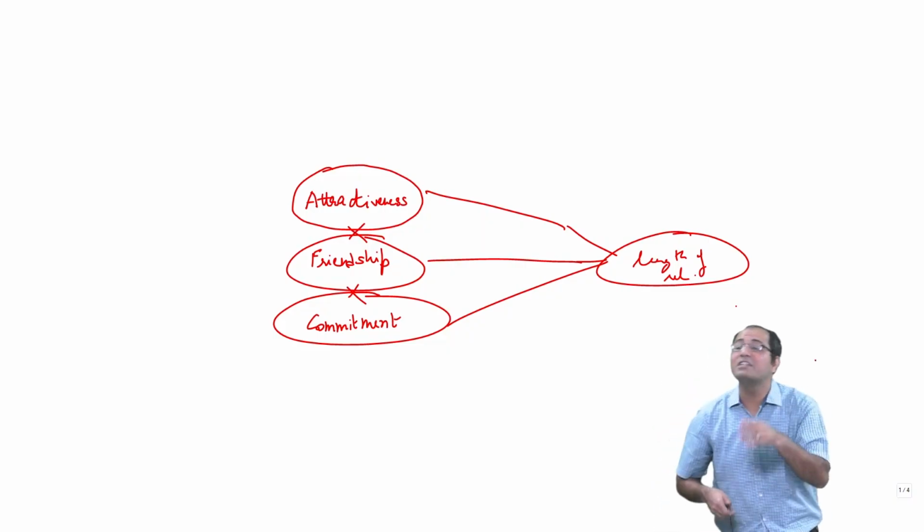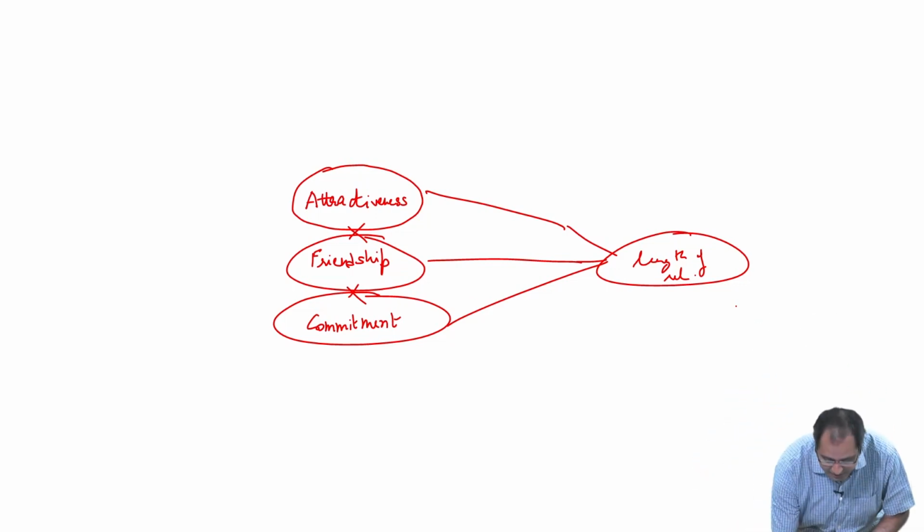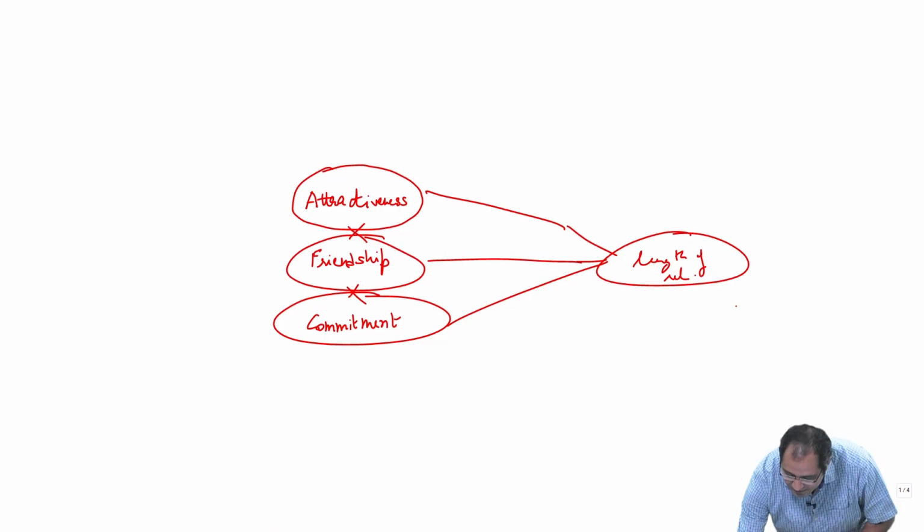Now, how does this theory change in Indian context? So this is a Western theory, right? Now, when we apply the same theory to Indian context, we have to look at our context, because every theory would not apply the same way.